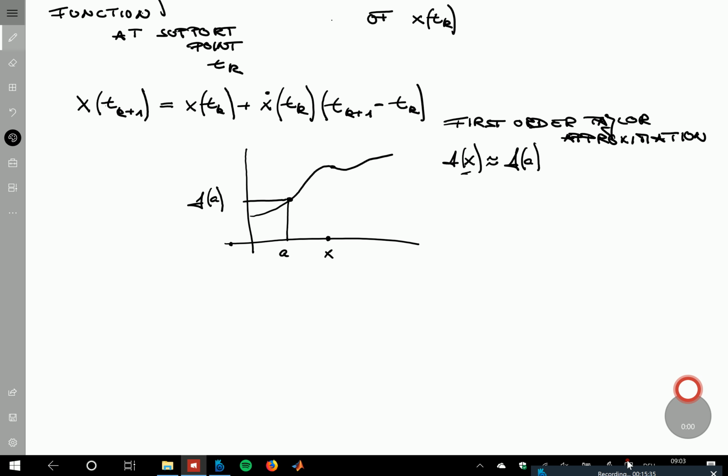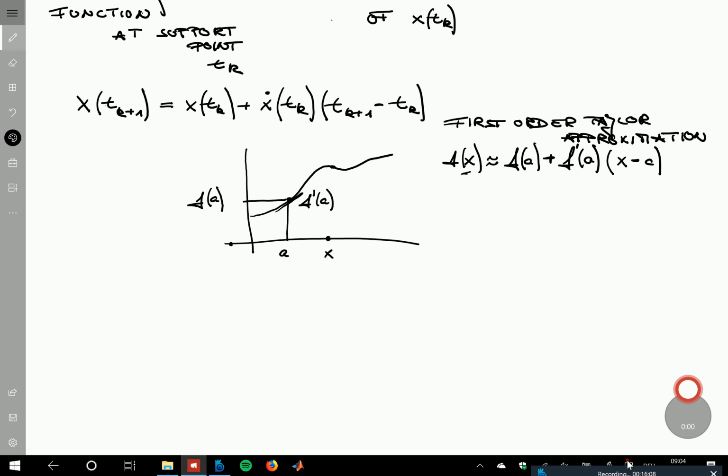But it also says that, for the first order, you add to this the rate of change of f at the location a. So that would be the derivative of f at location a times the difference between x and a. So here in this case, let's say that this is the local slope. So this is f prime of a, the derivative.